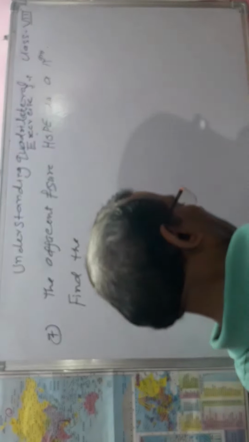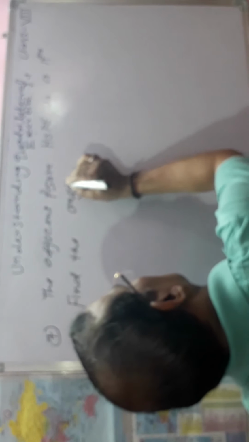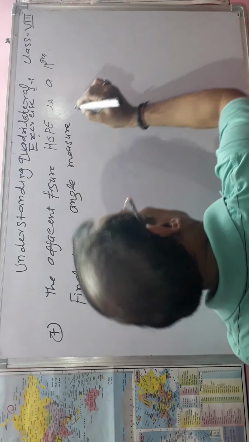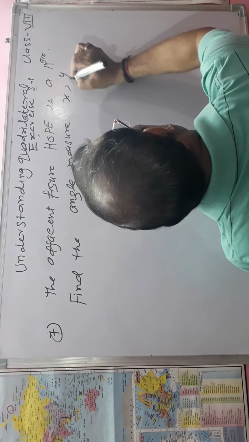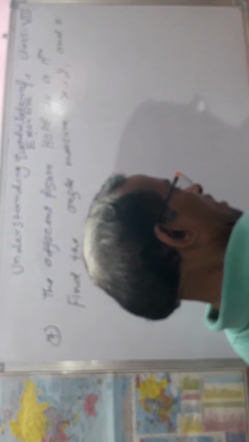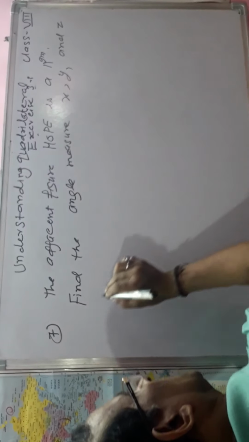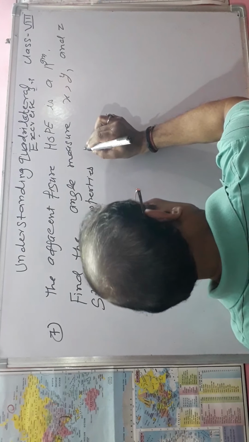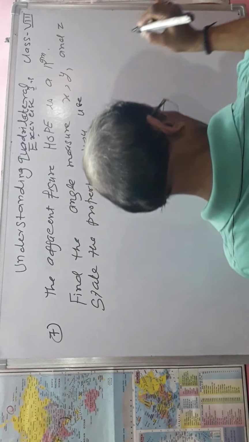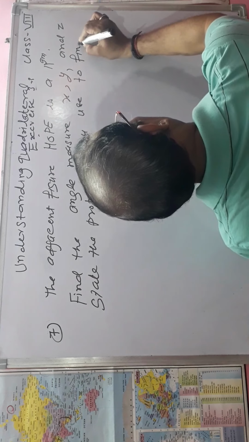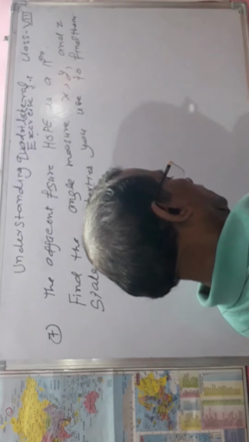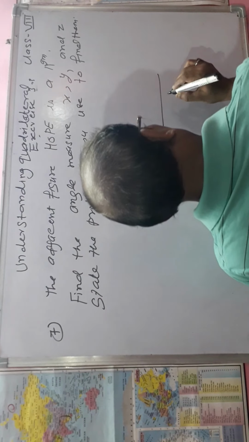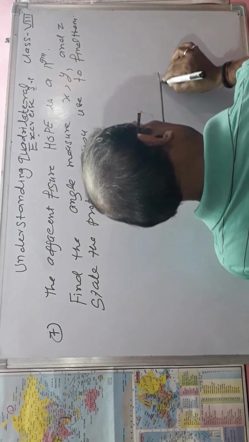Find the angle measure x, y and z. State the properties you use to find them. Now figures, the figure of a parallelogram is given to you. This is our parallelogram.